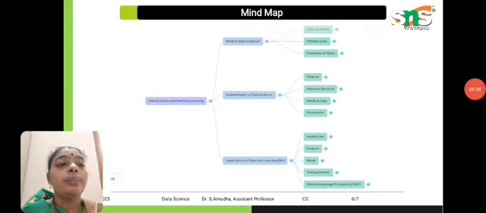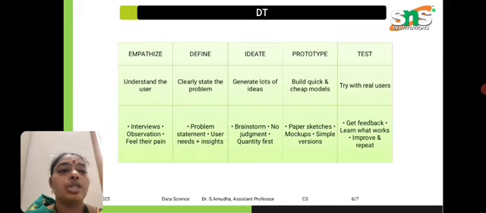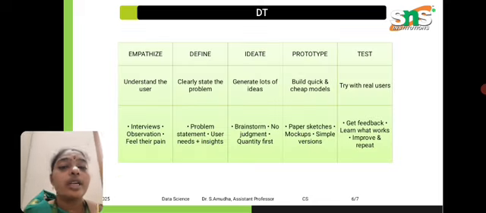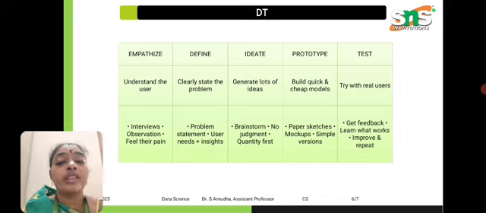This is a mind map covering what data science is, the global impact of data science, and also the applications. This also relates to design thinking: empathize from the customer's point of view to identify the user needs, define to identify the problem, and clearly give a solution and idea to create a different kind of methodology to predict or make decisions.